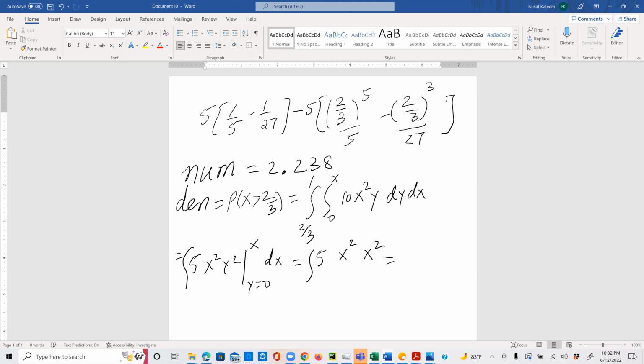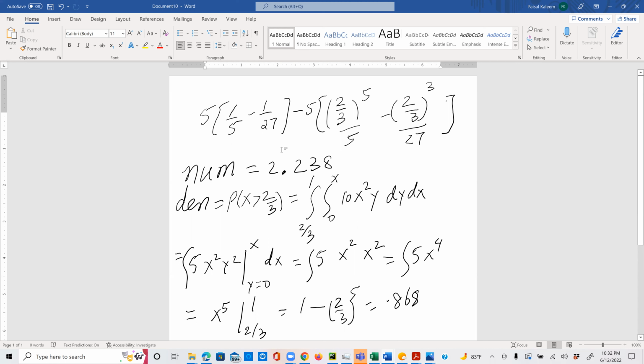So basically this is a lot easier than the numerator. The integral of 5x to the 4 is just x to the 5, and x goes from 2/3 to 1. That's 1 to the 5 minus 2/3 to the 5. So that is 1 minus 32 by 243. So that's 0.868.